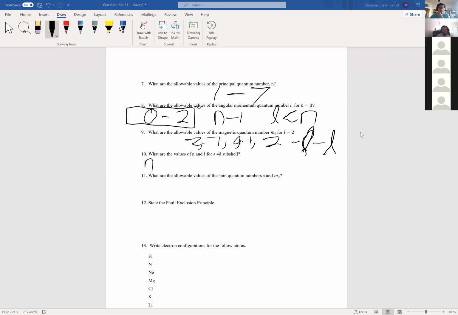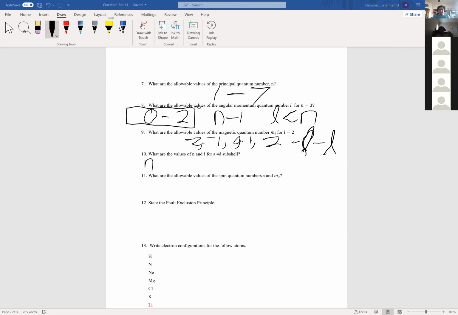Are we changing it? Doesn't it go up to the previous one? Okay. So if we're looking at 4D, what row are we actually looking at? 3. Four. N would be 4 now.